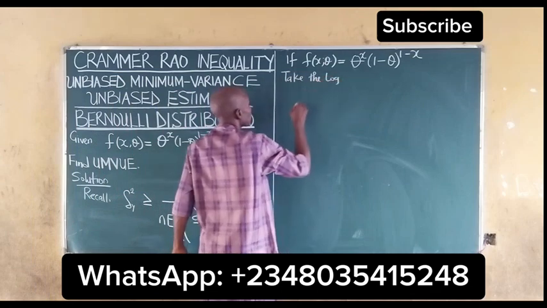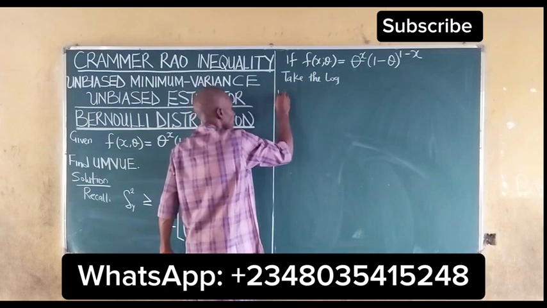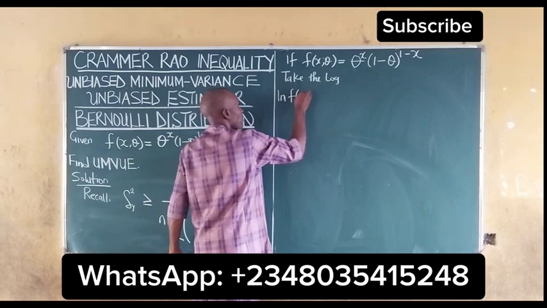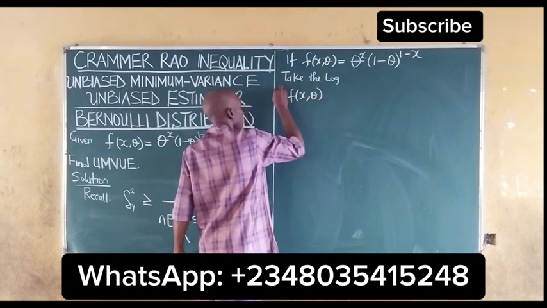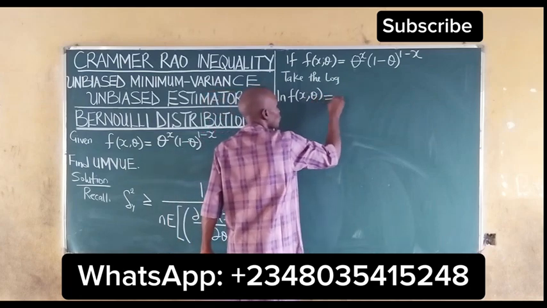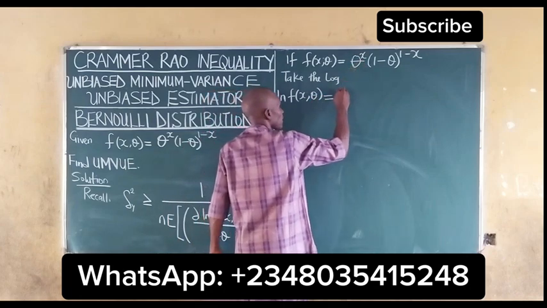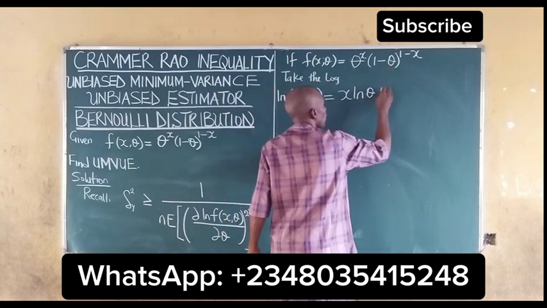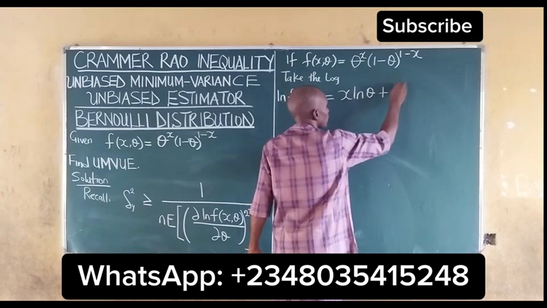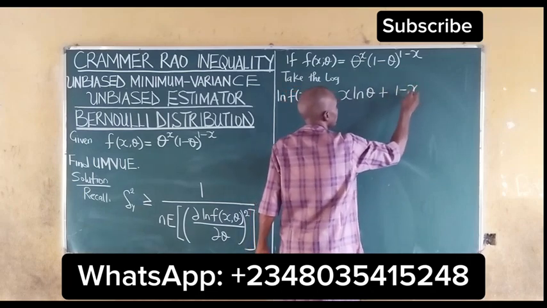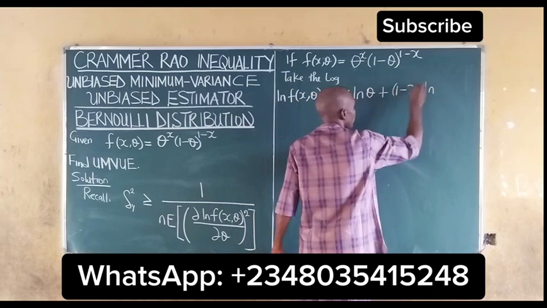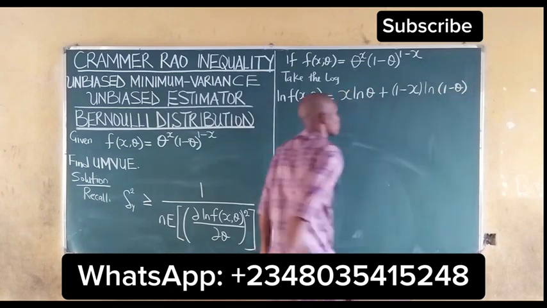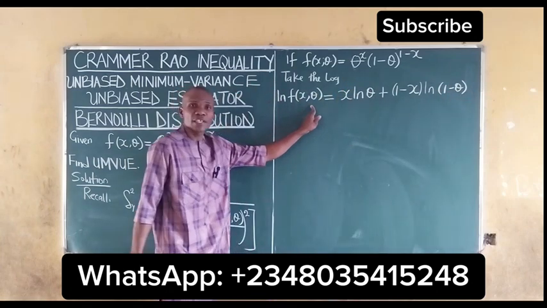If we take the log, we have ln f of x, theta, which is equal to x ln theta plus 1 minus x ln 1 minus theta. So we succeeded in taking the log.